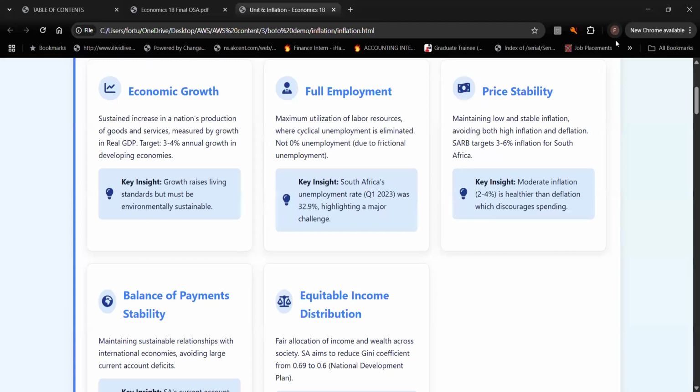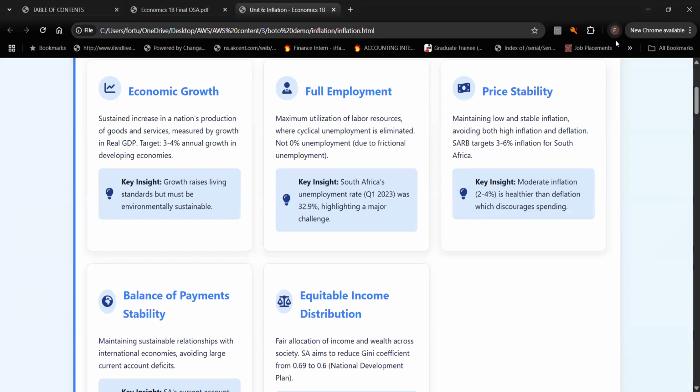For instance, when we're looking at economic growth, we stated that economic growth is mainly measured using a key economic indicator referred to as gross domestic product. Gross domestic product within itself comes in many variations. We have what we refer to as nominal gross domestic product, and there is what we refer to as real gross domestic product. We will delve much deeper into that in the coming sessions.